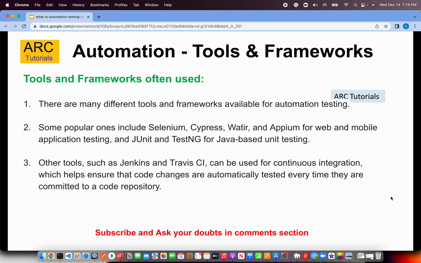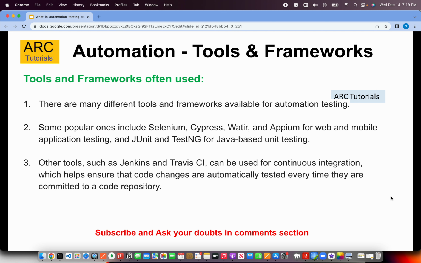Now let's talk about some of the tools and frameworks that are available for automation testing. There are many different tools and frameworks considered for automation testing. Some of the popular and leading ones are Selenium, Cypress, Watir, and Appium. They are used for both mobile as well as web application testing.